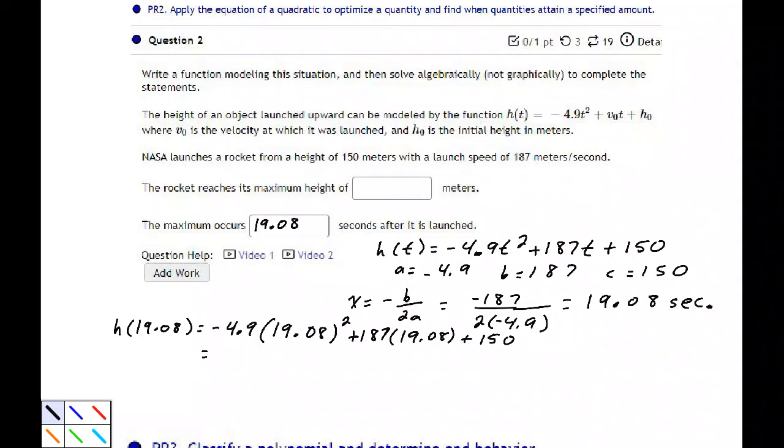Now, of course, use a calculator to evaluate that. Right, and that is a value of 1934.132, so 1934.13, and that is height, so this will be in meters.